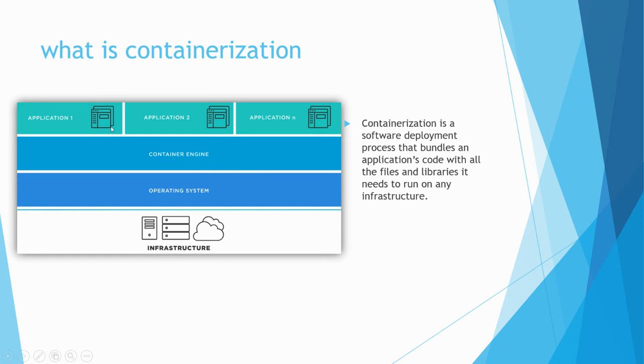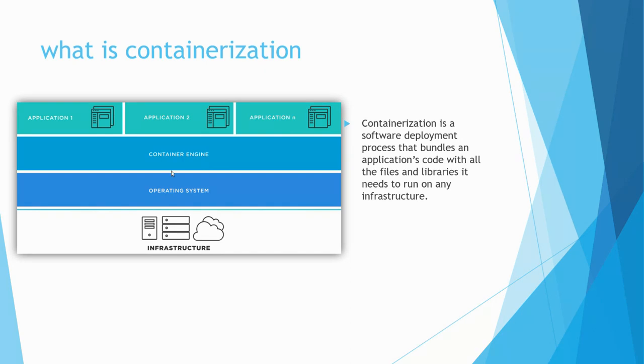Over the container engine you can build multiple applications, meaning you can create multiple containers. This container engine is nothing but Docker. The Docker package which you install in the virtual machine is called the container engine. Over the container engine you can create multiple containers.